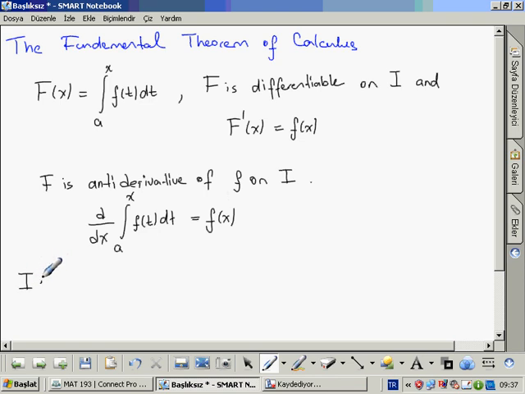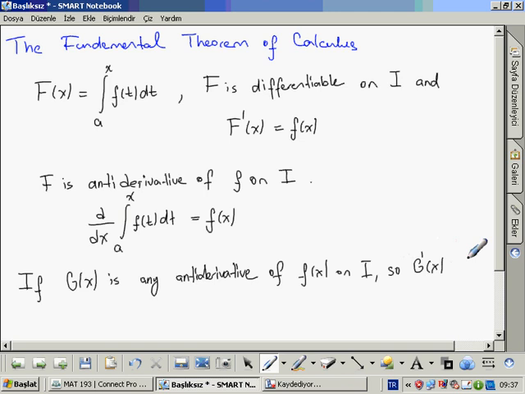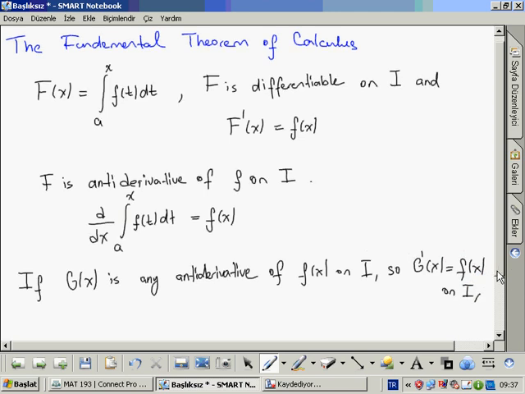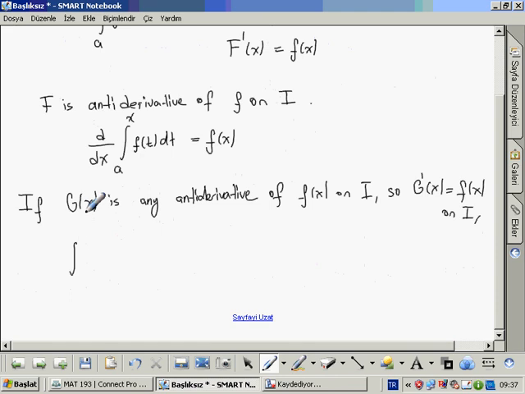If capital G of x is any antiderivative of f of x on that interval, so capital G prime of x equals f of x on I, then the integral from a to b of f of x dx equals capital G of b minus capital G of a.